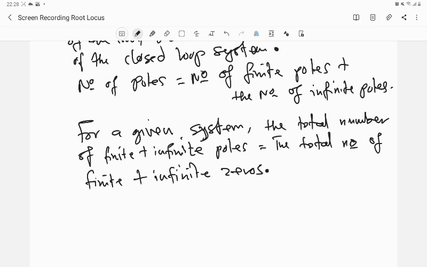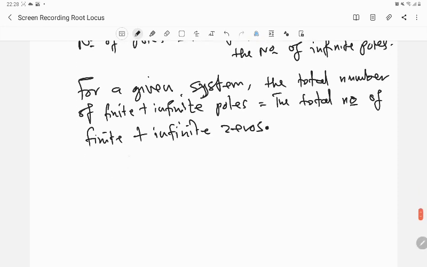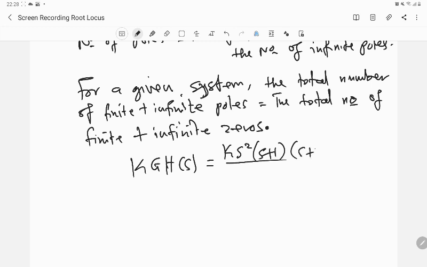So if I have a system like this, for example, T of s equals K G H of s equals, let's say, K times s squared into s plus 1, into s plus 2, all over s plus 4.